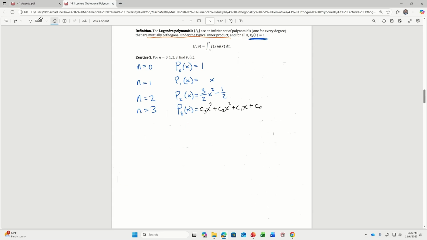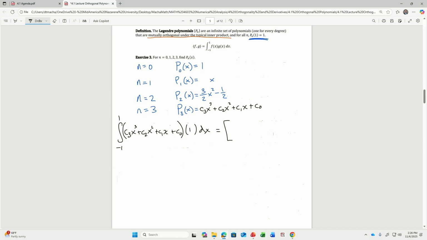Whew, okay. Now, that means let's take the integral from -1 to 1 of this whole thing, c3x cubed plus c2x squared plus c1x plus c0 times the Legendre polynomial of degree 0, which is 1, dx. And so then all of the odd powers of x go away, right? Because in the integral from -1 to 1, they are all equal to 0 anyways.